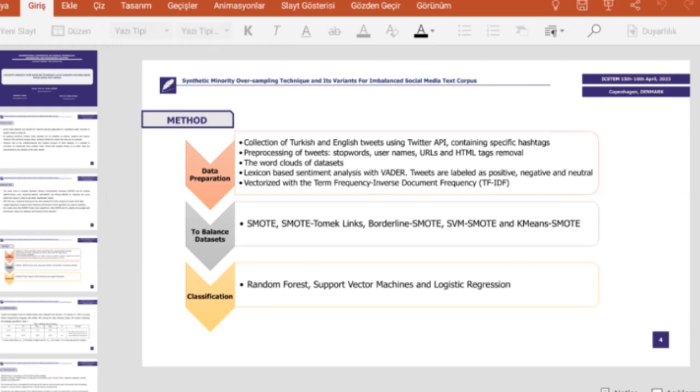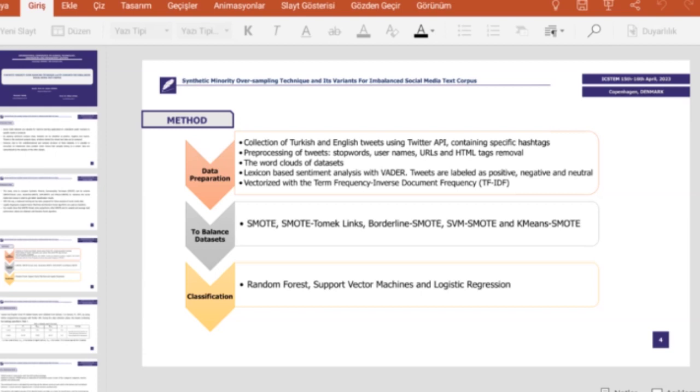After that, we used the VADER sentiment analysis library. This library is a lexicon-based sentiment analysis library, and it divides the tweets into three categories. The tweets are labeled as positive, negative, and neutral. Within our study, we just used positive and negative tweets.